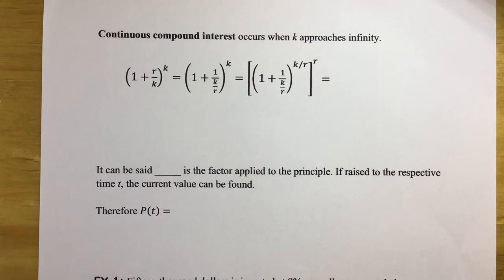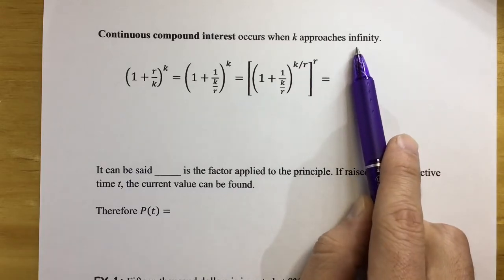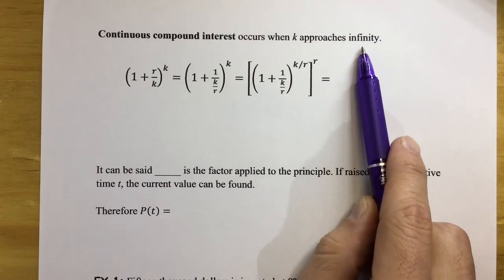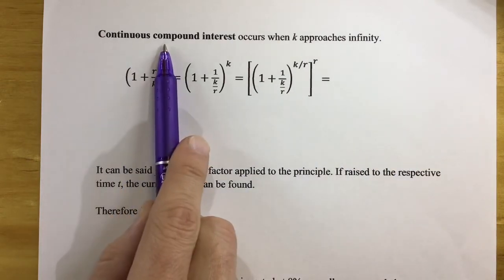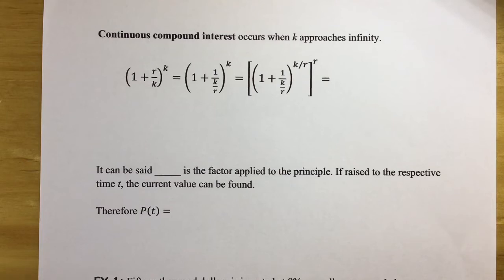So compounding quarterly is nice because that's 4 times a year, and then monthly is better because it's 12 times, and daily is 365 times. But we should be able to compound it every minute, every second, every fraction of a second. An infinite number of times is what we should be able to do. So that's what continuous compound interest is going to be, the idea that it is compounding every moment, right?